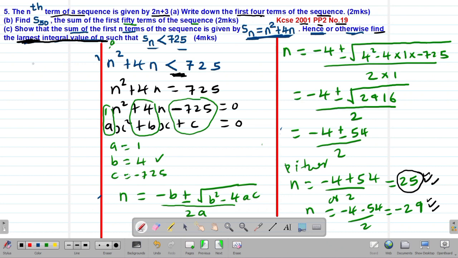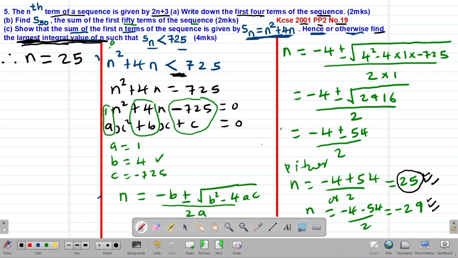Therefore, we are going to work with 25. So we'll say that, therefore, the value of n will be equal to 25. I've chosen 25 because the question is strictly wanting the largest value of n. And between 25 and negative 29, 25 is the largest value of n.